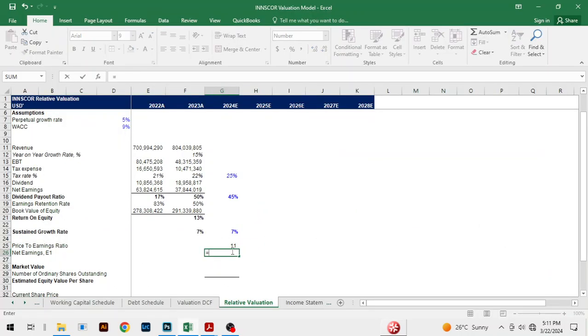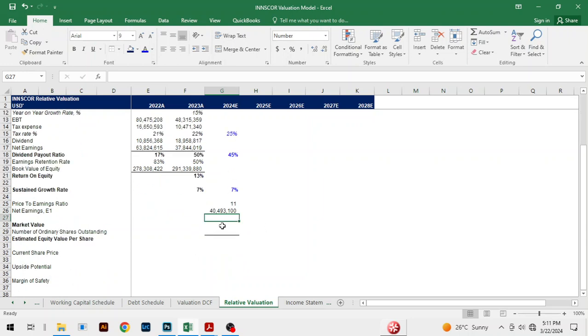So here we forecast net earnings based on the sustained growth rate. So we select the net earnings there, and then we grow it by 7%. But I'm quite sure that Innscor Africa is going to surpass 7% in its revenue growth rate.